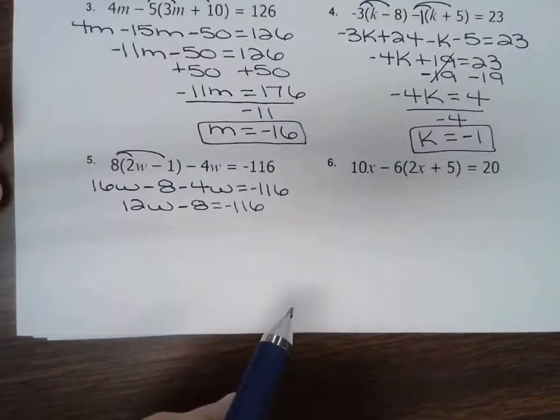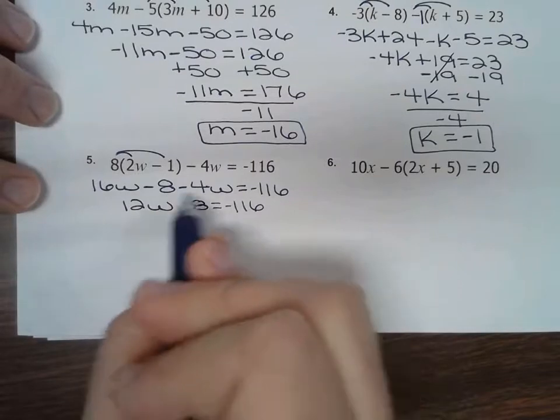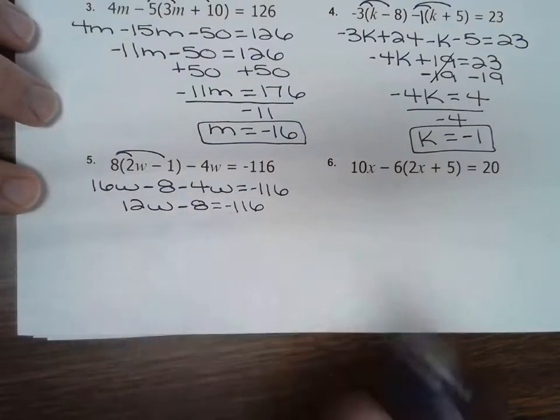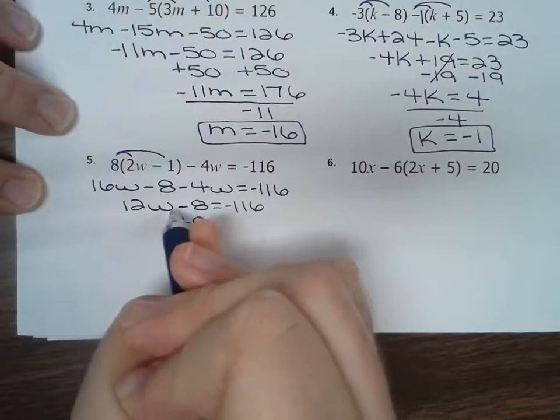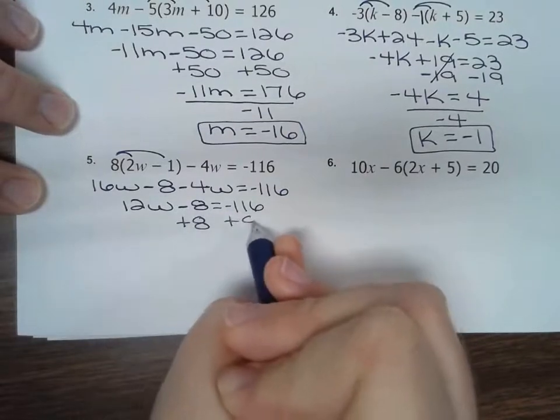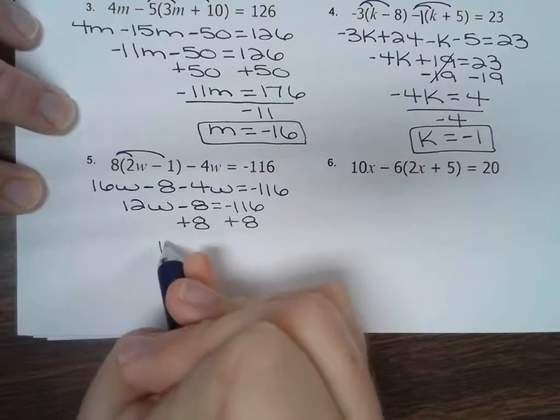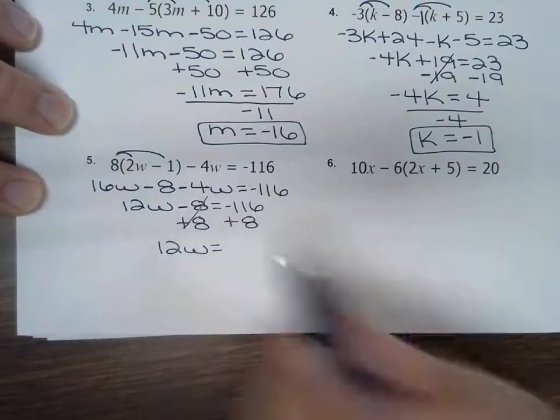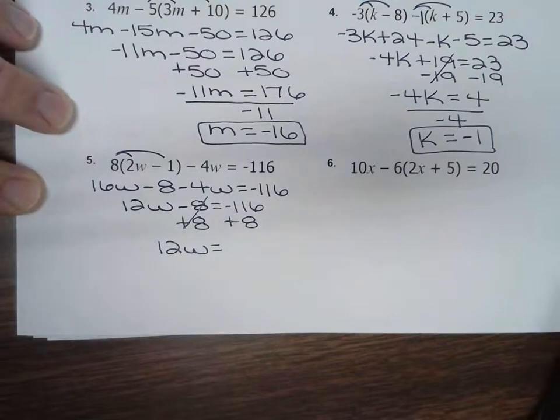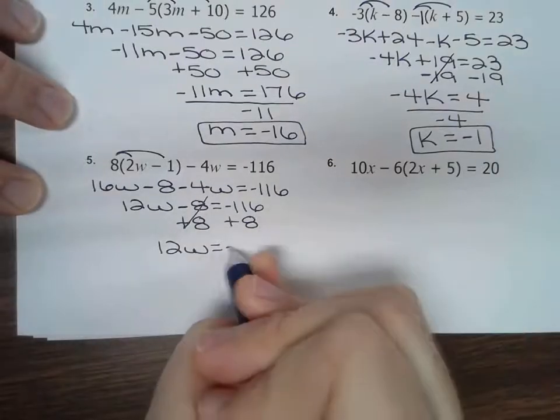Now it looks like an equation that we did in Unit 1. Take care of the constant first. We're moving it to the other side, so use the opposite. The opposite of subtracting 8 is adding 8. Start from the left. 12w. Negative 8 plus 8's cancel. Negative 116 plus 8. Use calculator if you need to.